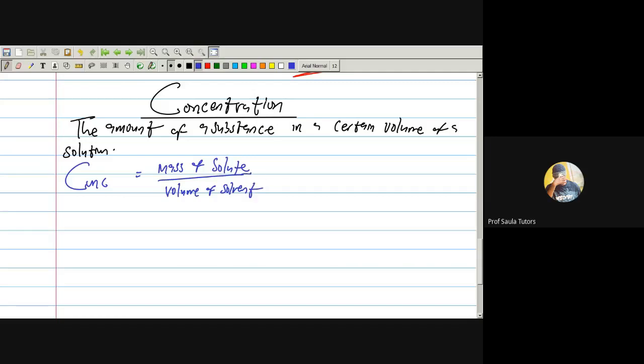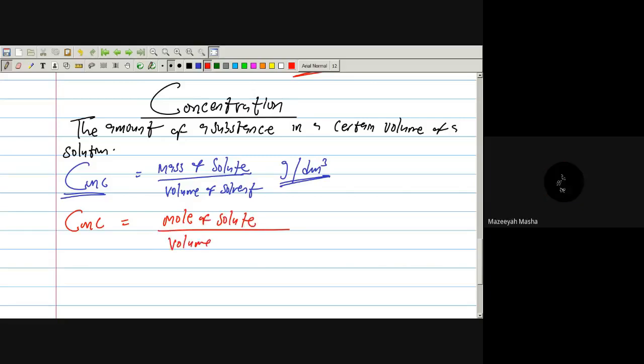Remember, mass is measured in grams and volume is measured in dm cubed, so the unit will be gram per dm cubed. Secondly, concentration equals mole of solute divided by volume of solvent, and the unit is mole per dm cubed.